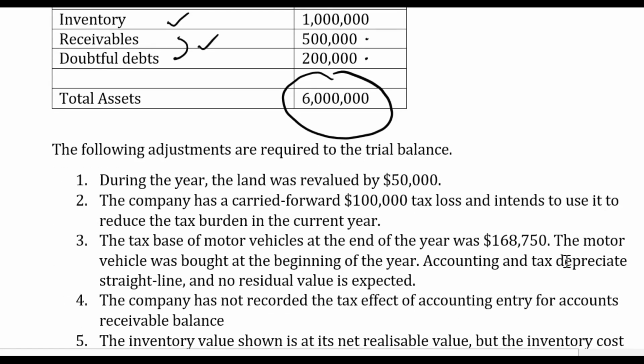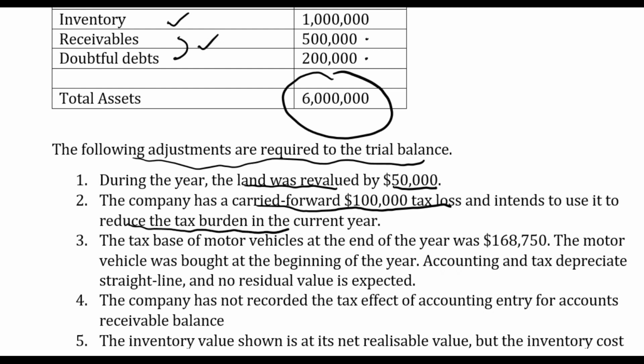The following adjustments are required to the trial balance, and we are given 5 adjustments. During the year, land was revalued by 50,000. The second item is the company has carried forward a tax loss of 100,000 and intends to use it to reduce the tax burden in the current year.